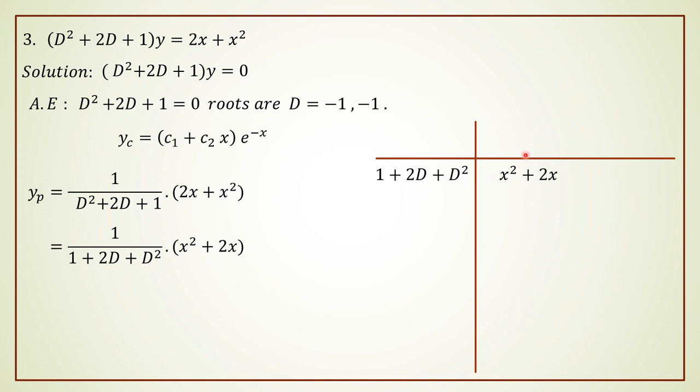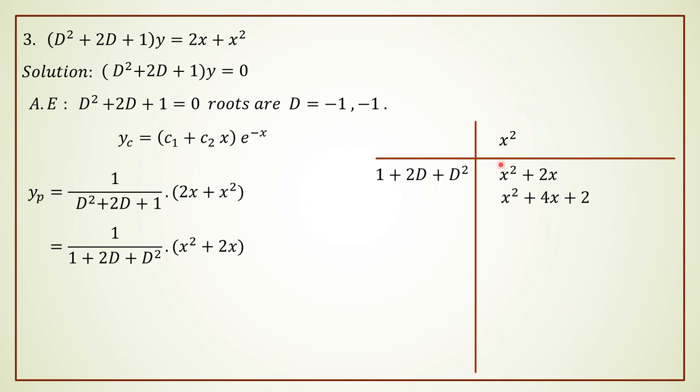So what is the term in the quotient? So as to get the term x square, the first term in the quotient should be x square, isn't it? So that 1 into x square is x square. 2 into differentiation of x square. What is the derivative of x square? It is 2x.